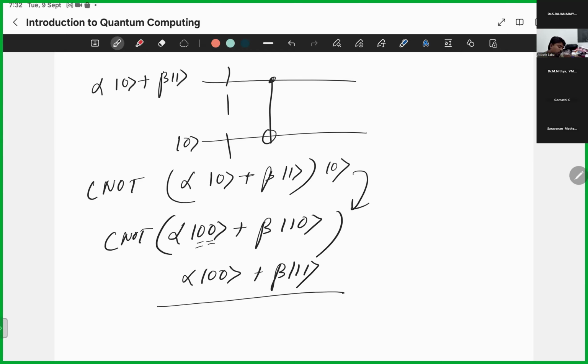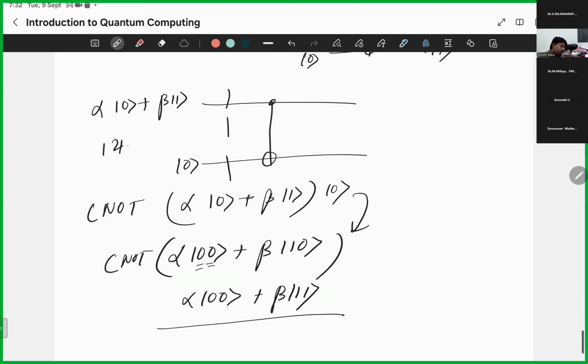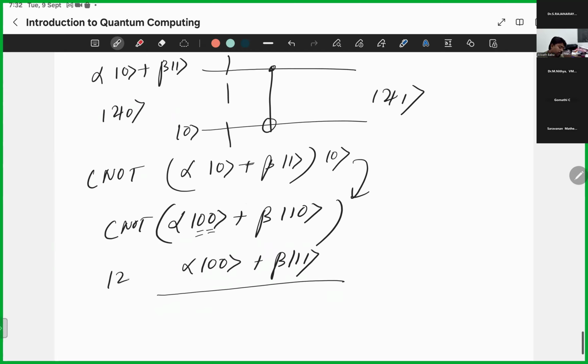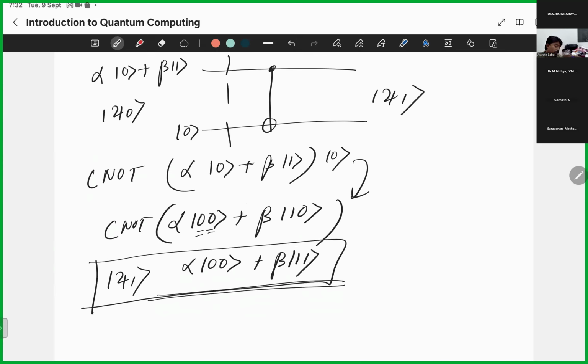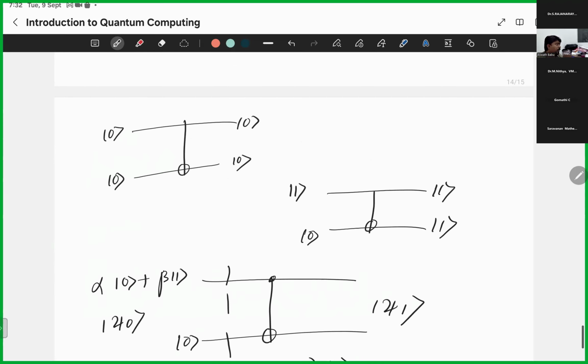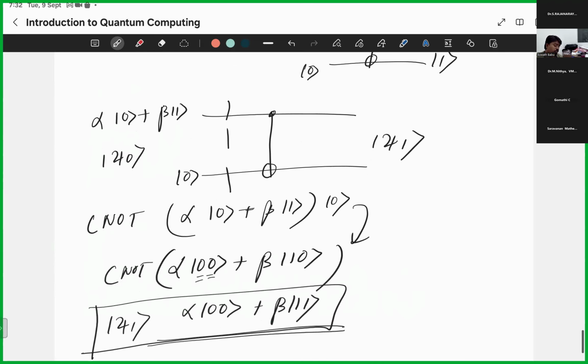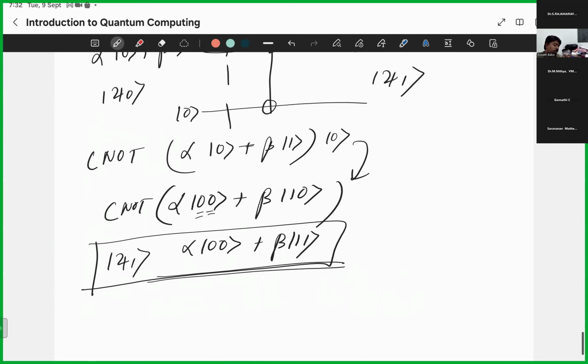So this is the output. I started with some quantum initial state and got some quantum state. Now, is it the cloned version? That is the question, because it was cloning earlier. We assume that when I send a superposition, I get some output. Now, is it cloned?